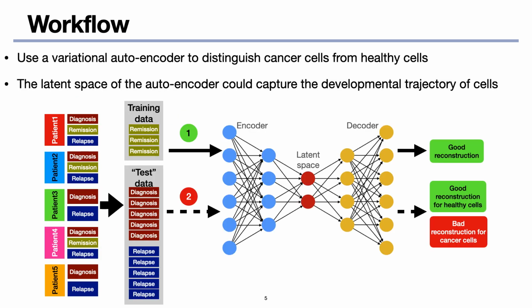Using this data set, we want to use a variational autoencoder to solve 2 problems. First, to distinguish the cancer cells from the healthy cells, and secondly, to find out where along the developmental trajectory the leukemia occurs. In order to do this, we train a variational autoencoder on only healthy cells.